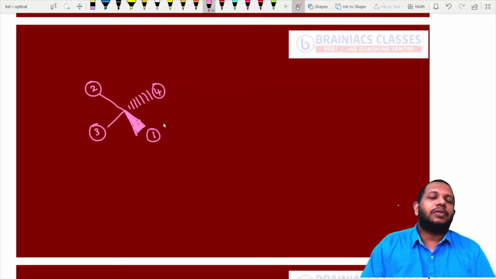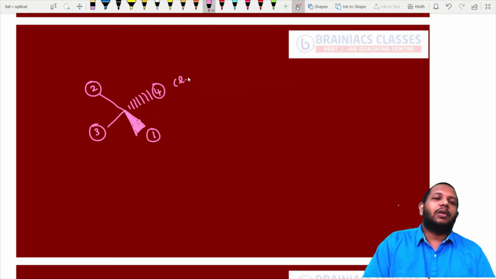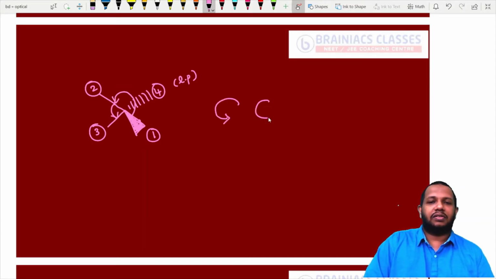Now here if you see, the lowest priority group is already present in dash, so we don't need to interchange it. So just rotate it 1 to 2, 2 to 3. So this is rotating in this direction. So this is again anti-clockwise. Anti-clockwise means it is S configuration. But here we don't need to take the opposite because we have not done any interchange. So the answer here is S configuration.